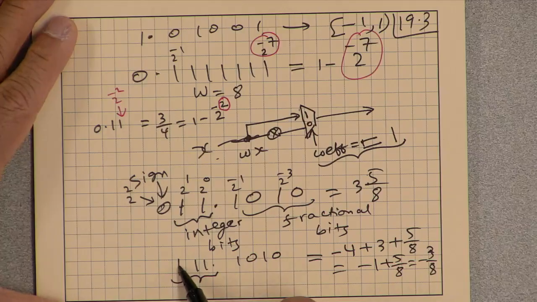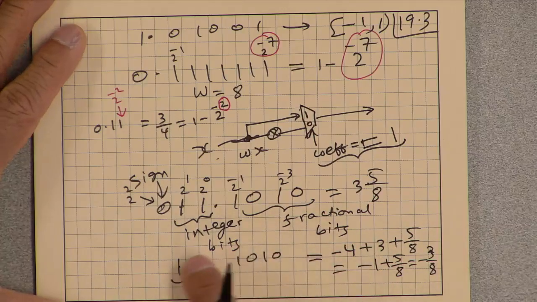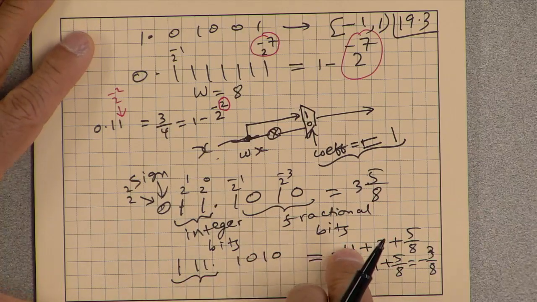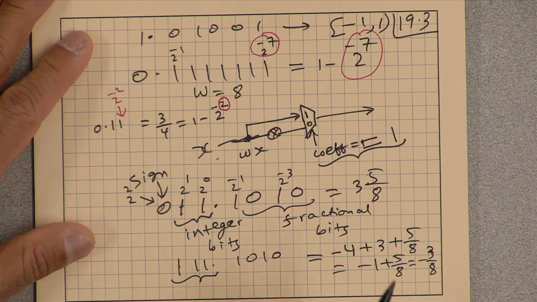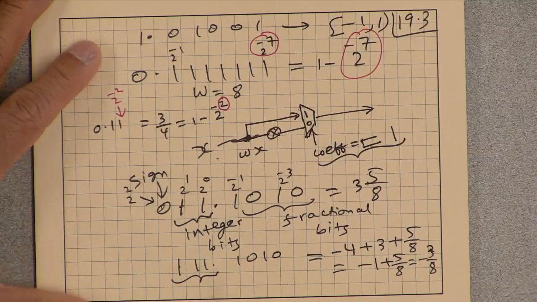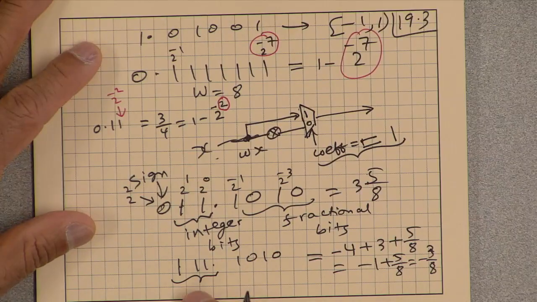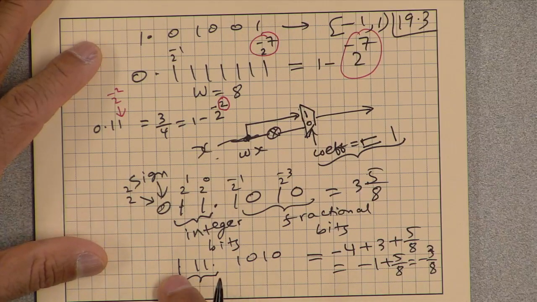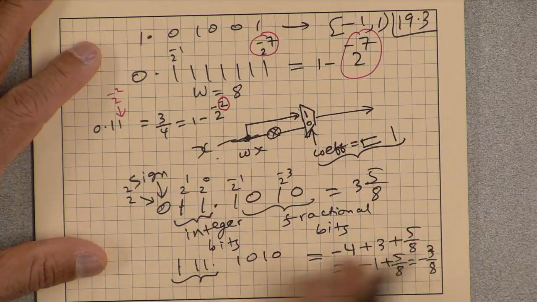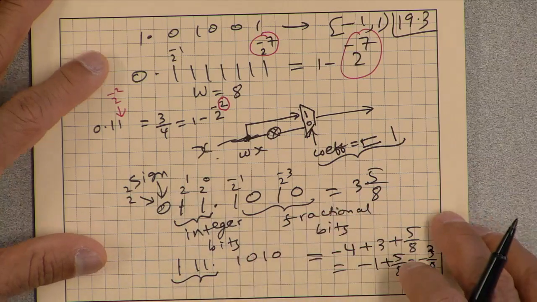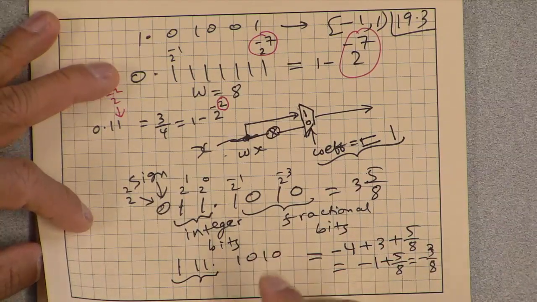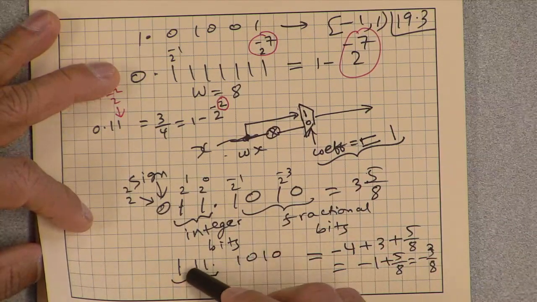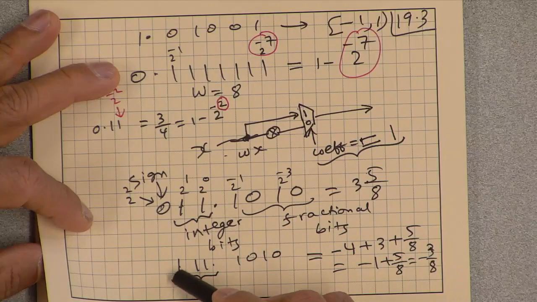Because if this is 1 and all others are 0, then that's minus 4. And something slightly less than 4, 4 minus epsilon, would be 0, 1, 1 point whatever is here, so that's 3 point something. If I want dynamic range between minus 8 to 8, then I need 4 bits. So the sign bit will have weight minus 8.